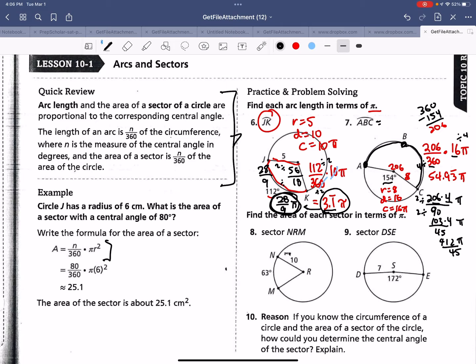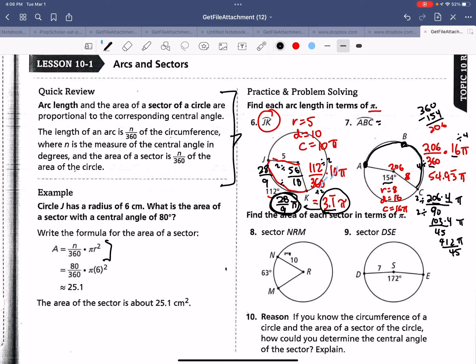Now let me check that decimal. So is 412 divided by 45. Oops, something went wrong because I didn't get 54. Let me try that again.